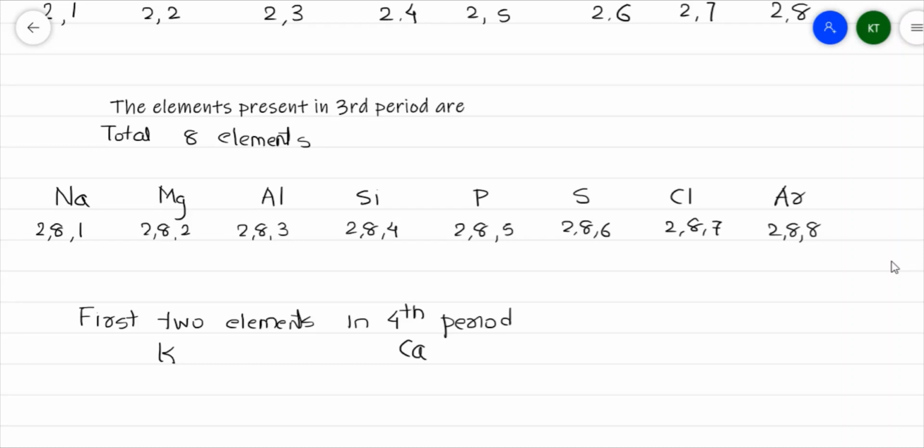Potassium has electronic configuration 2,8,8,1 and calcium 2,8,8,2. So these are the 20 elements which we studied in class 9th also, and the same we are going to continue in class 10th also.